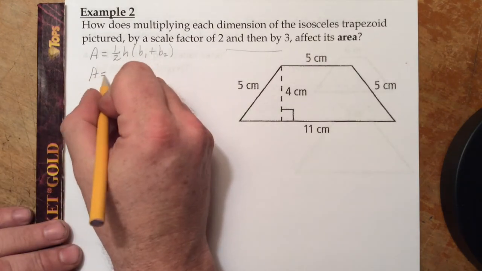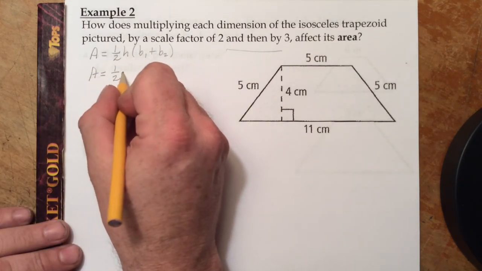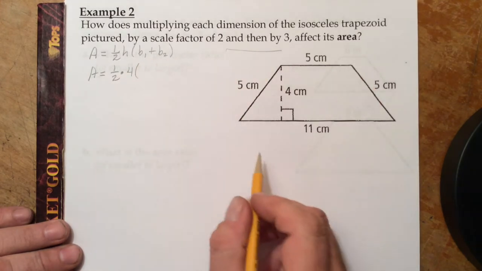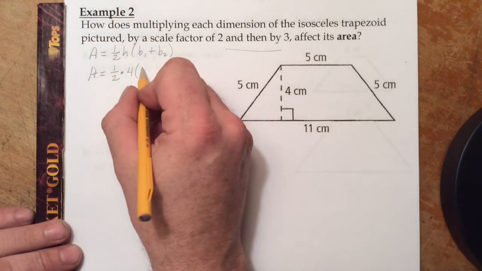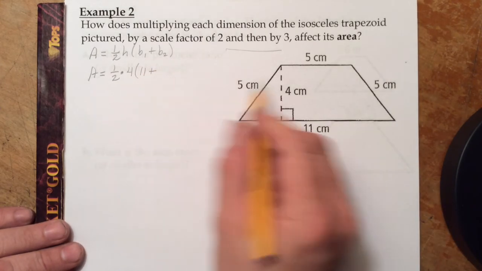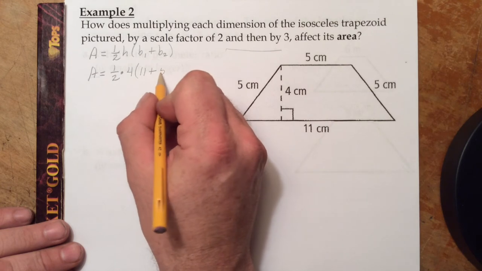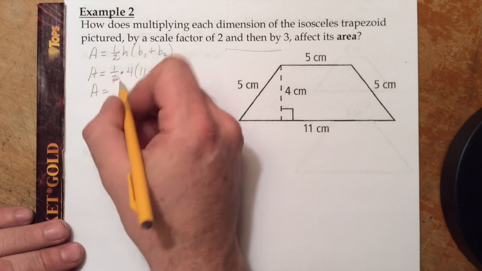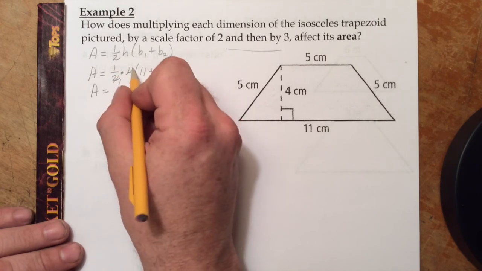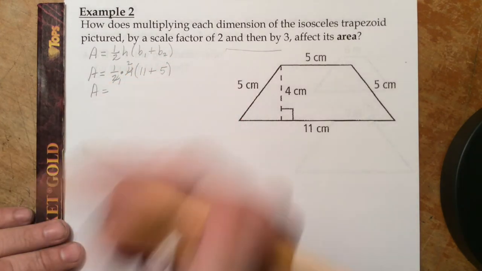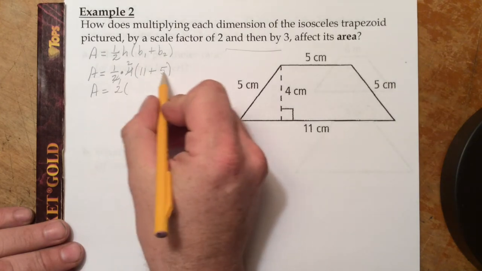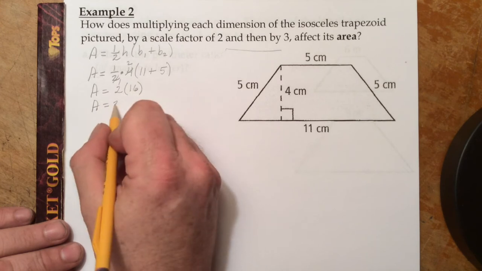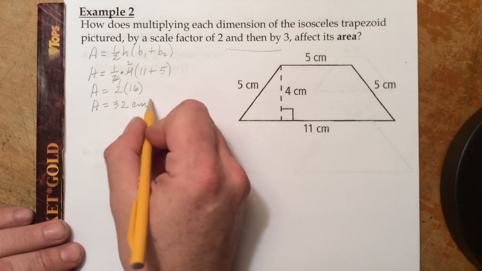Substituting in our dimensions, we have 1/2 times the height, which is 4, times b1, 11 centimeters, plus b2, which is 5 centimeters. Half of 4 is 2. So we have 2 times 11 plus 5, which is 16. So our area, 2 times 16, is 32 square centimeters.